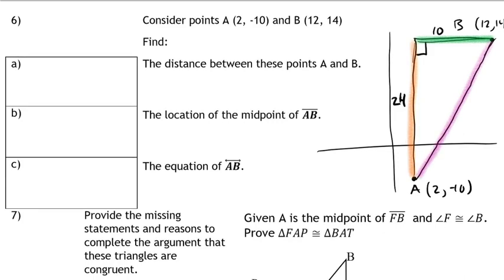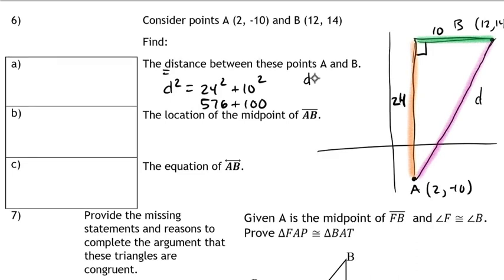So if I call that hypotenuse D, as in the distance, I can write the following. I could say that the distance squared is equal to 24 squared plus 10 squared. I do need a calculator real quickly. 24 squared is 576 and 10 squared is 100, and I put those together and I get 676.